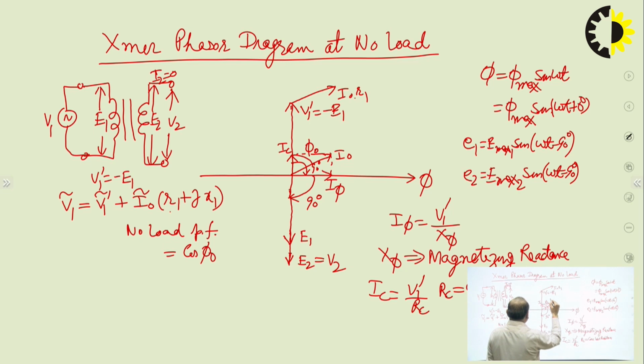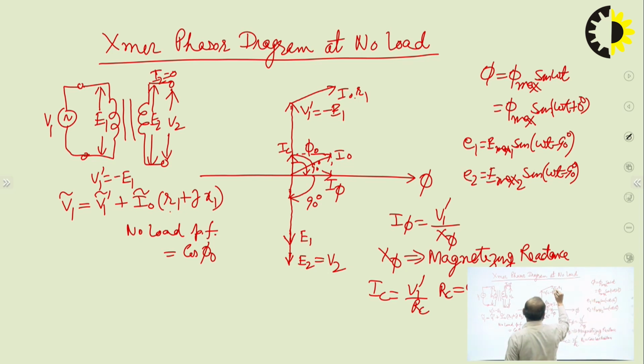Next is I0 X1, which will be 90 degrees leading from I0, the reason being X1 is the primary winding leakage reactance, which is inductive in nature, and in an inductance the voltage leads the current by 90 degrees.